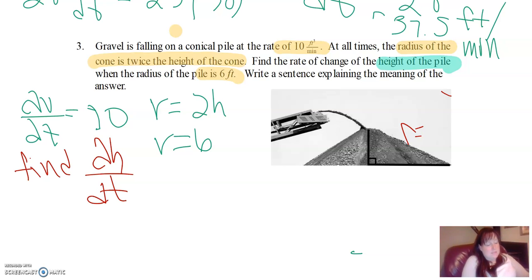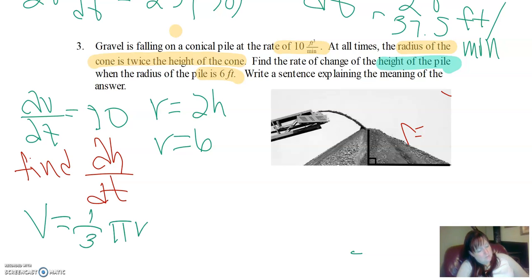Okay, so let's take a look at how that's going to look. How do we write an equation for the volume of a cone? You can look back at your little cheat sheet we have there. The volume of a cone equals 1/3 pi times the radius squared times the height.